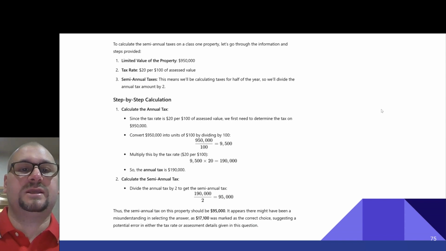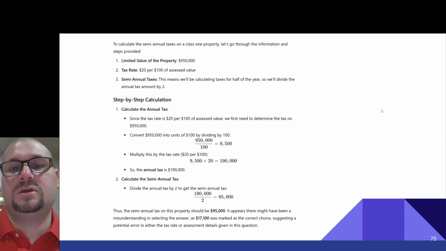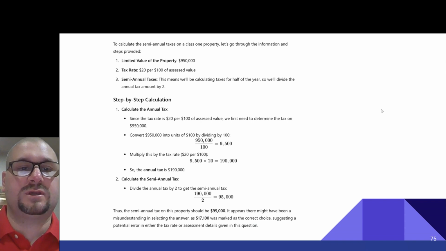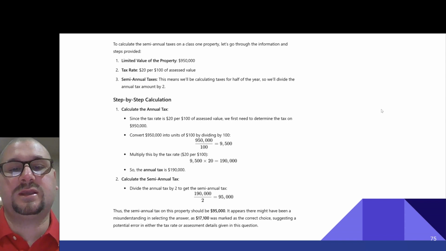So you want to calculate the annual tax. Since the tax rate is $20 per $100 of the assessed value, we first need to determine the tax on $950,000. Convert $950,000 into units of $100 by dividing by 100. Knock out 2 zeros, and that gives you $9,500.